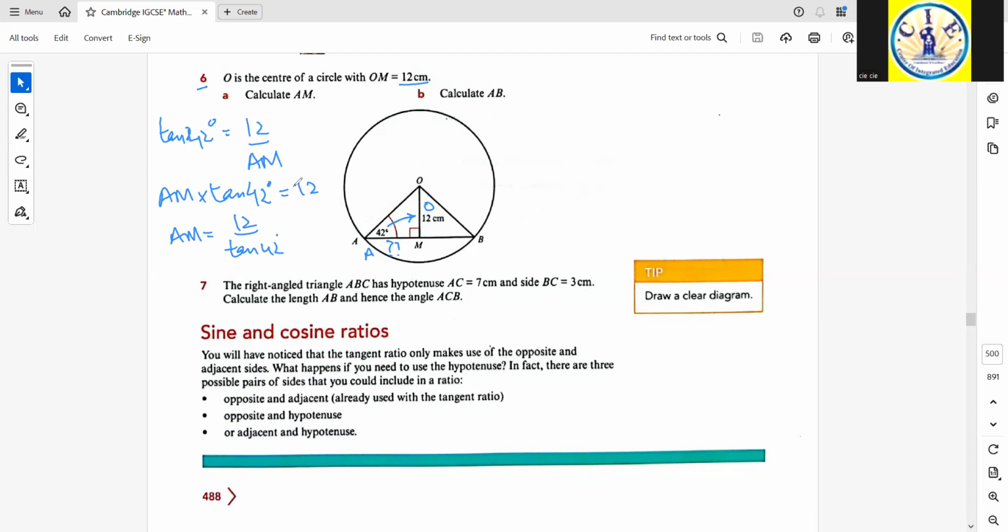So using our calculator, 12 divided by tangent of 42 degrees gives us 13.327, which should be written as 13.33.